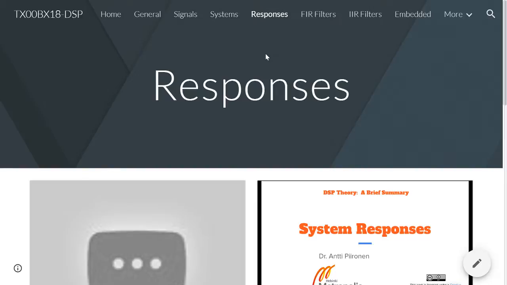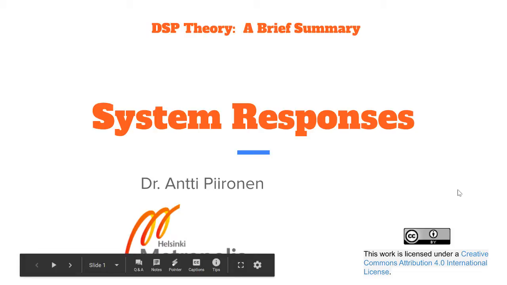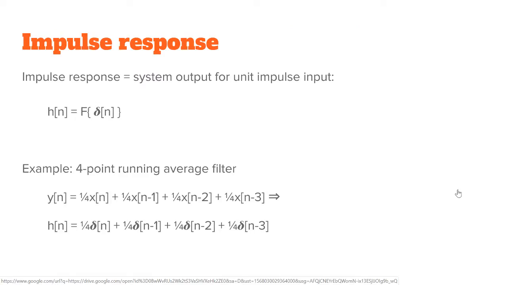Okay, but let's take a quick look at the theory part. So system responses. Impulse response is nothing more than having the impulse function as an input, and what comes out is the impulse response. Nothing more than that.